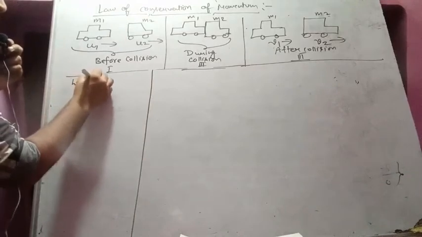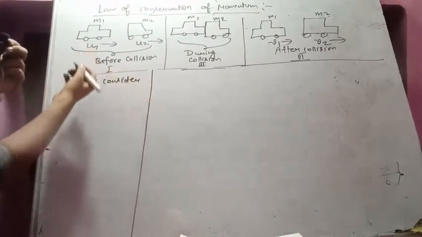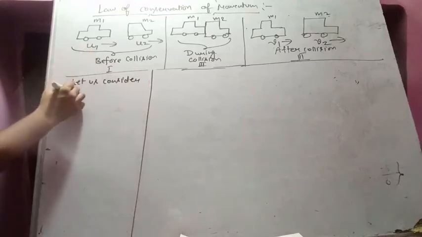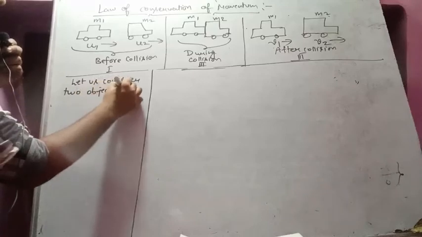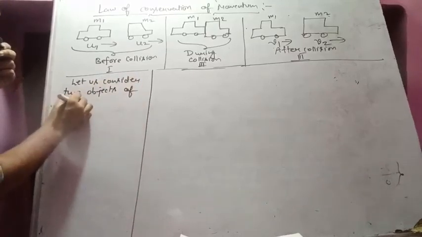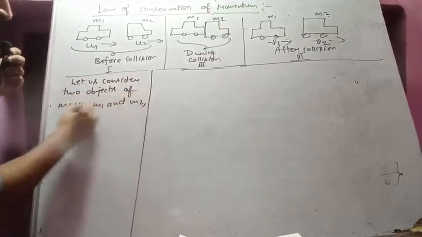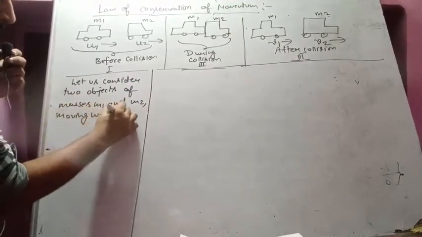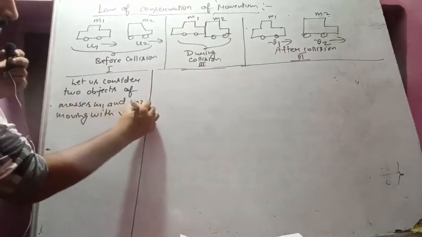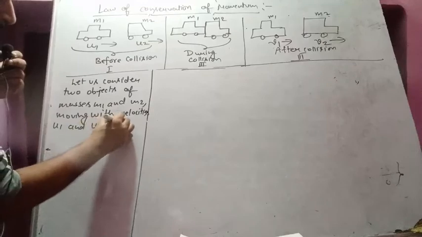Let us consider, we can write two objects as well. I have given the example of cars. Let us consider two objects of masses m1 and m2 moving with velocities u1 and u2 respectively.